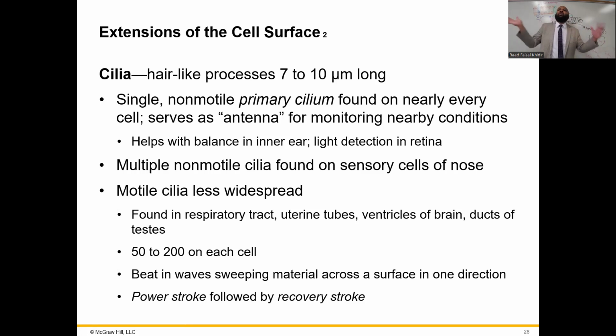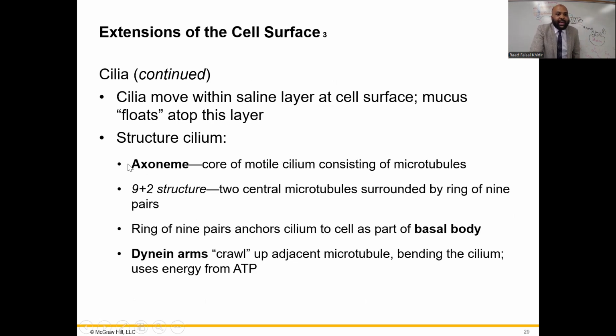So they move mucus down. When all the mucus comes out, it is the cilia who moved it. It has two strokes, the power stroke and the recovery stroke. We're going to look at them now. So who enables the cilia to move? It is the dynein and the axoneme. The axoneme is the core of the motile cilia, consisting of microtubules.